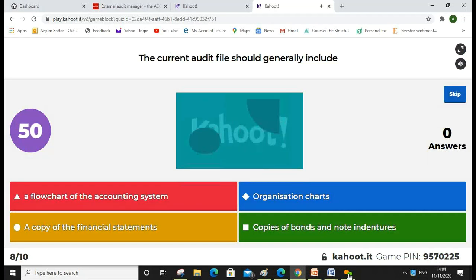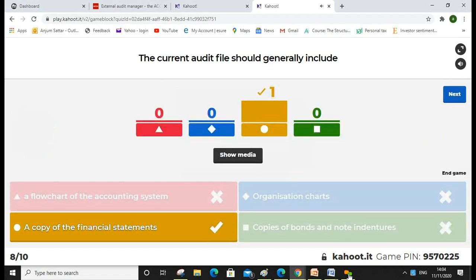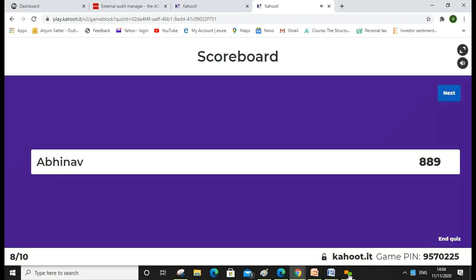So what should the current audit file generally include? The flow chart of the accounting system, the copy of financial statements, the organization chart, or copy of bonds and notes? Excellent. Good.